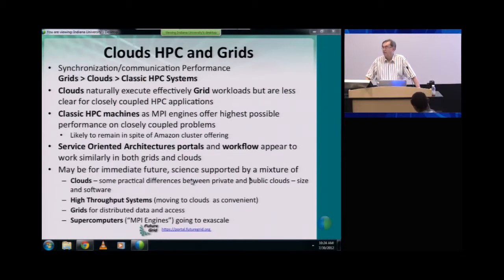You might have a microsecond cost of sending a message between those nodes. And clouds lie somewhere between a microsecond and many milliseconds, depending on exactly how they're configured. They tend to have gigabit Ethernet on lower performance networks. They tend to be optimized for internet access, not inter-machine access.